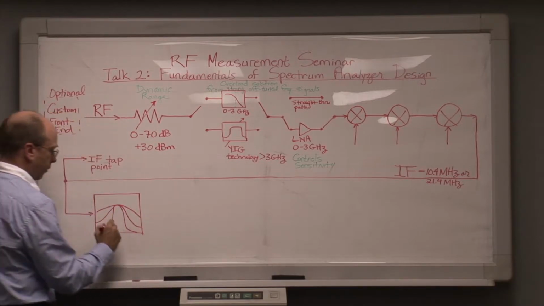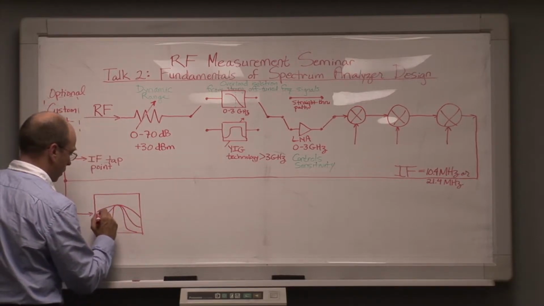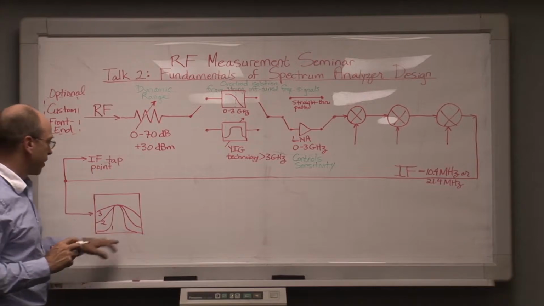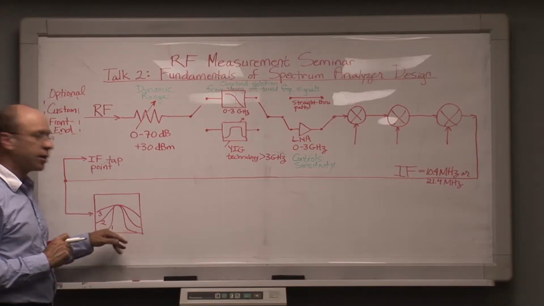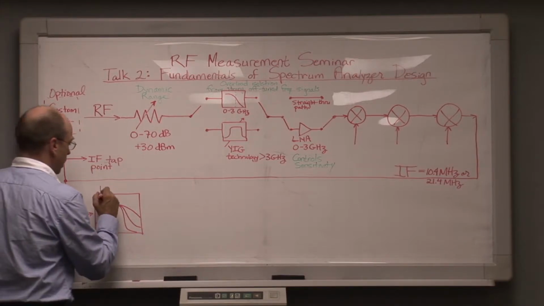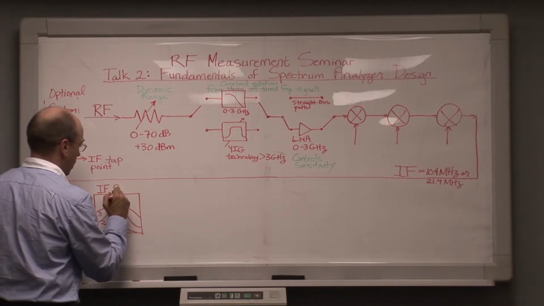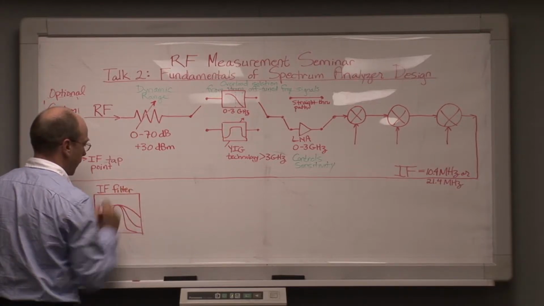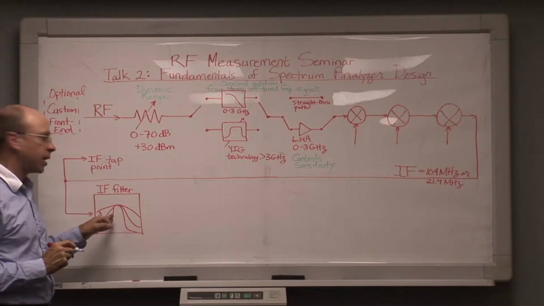This represents a set of 3 such filters, 1, 2, 3. In reality, various spectrum analyzer designs may have a dozen of these available. Typically, in this IF filter stage, these are designed to have Gaussian shapes.